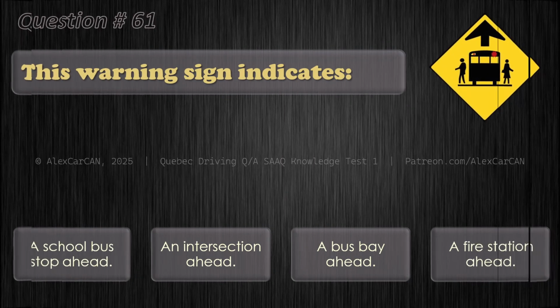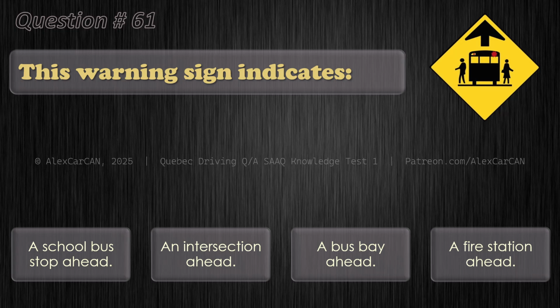Question number 61. This warning sign indicates a school bus stop ahead, an intersection ahead, a bus bay ahead, a fire station ahead. The correct answer is a school bus stop ahead.